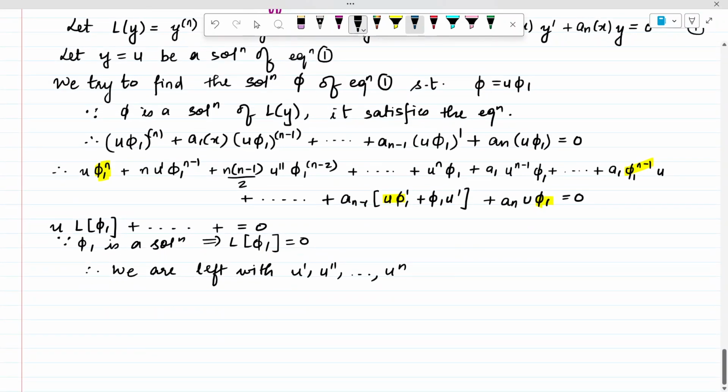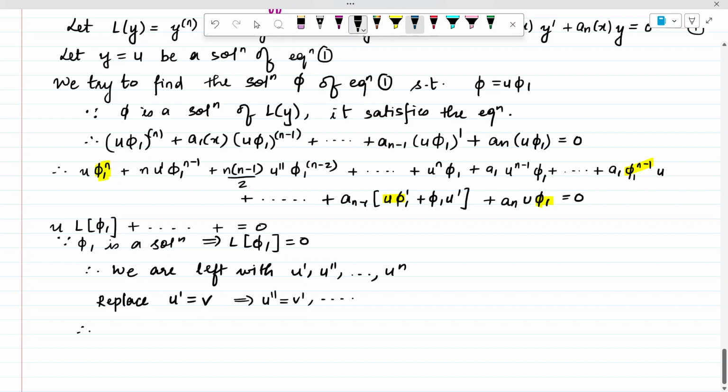So what do we do again? As we did in the second order, we replace u dash as v. So this implies u double dash will be v dash, and so on. So this is what we are doing, reduction of the order. We are reducing the order now. Okay. So now let's see what are we left with.